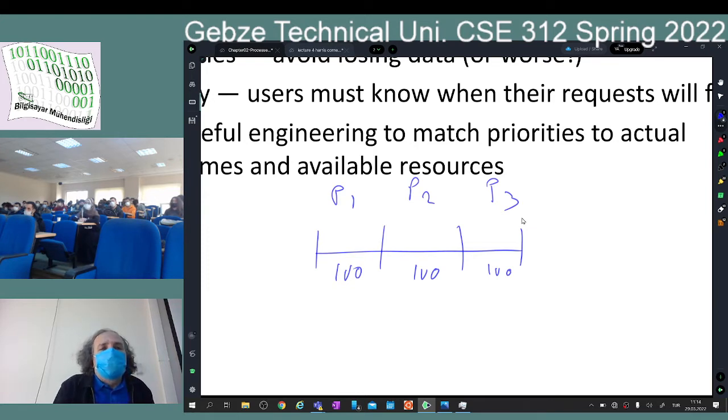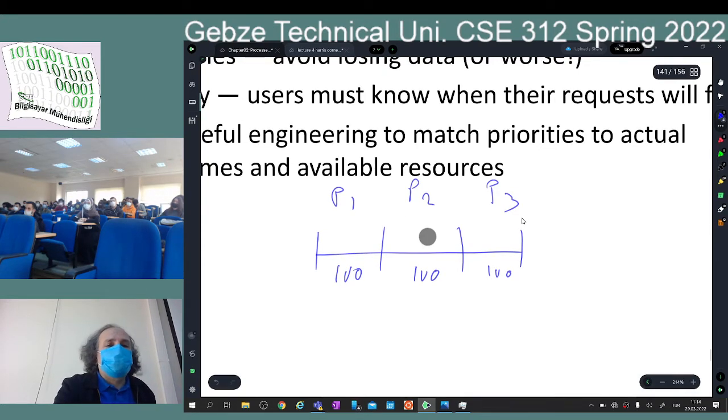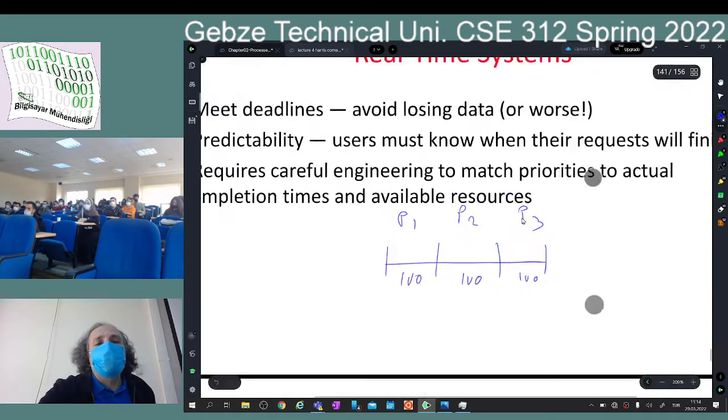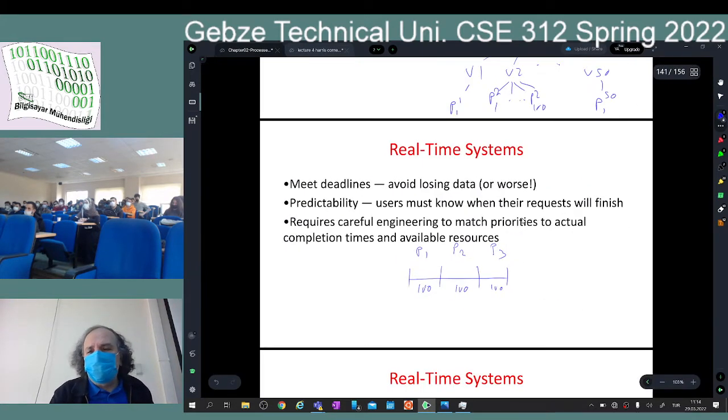That's why I don't need protection between these three. P1 is carefully written, P2 is carefully written, and P3 is carefully written. They don't try to reach each other's memory positions. They kind of cooperate to manage the whole car. So that's one example for the real-time systems.